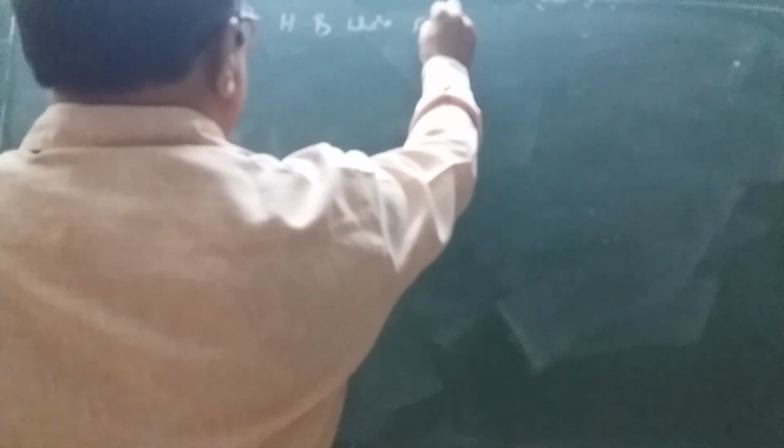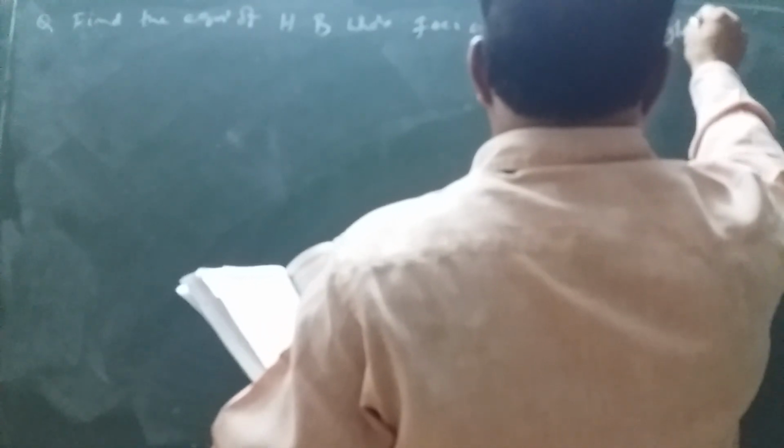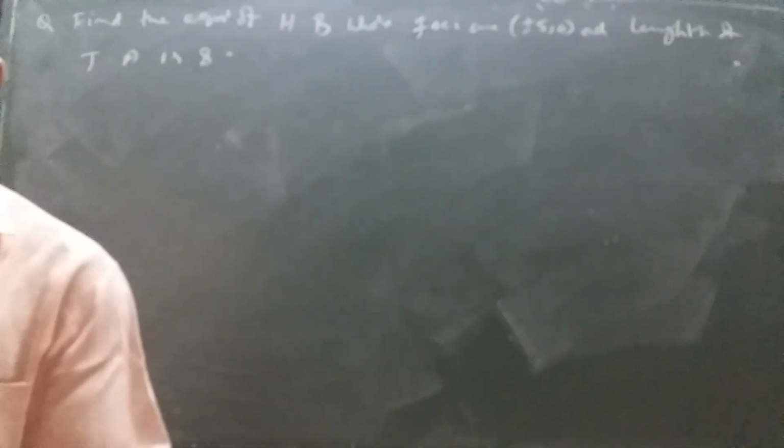Question is, find the equation of hyperbola whose foci are plus or minus 5, 0 and length of transverse axis is 8. This data is given. We have to find the equation of hyperbola.